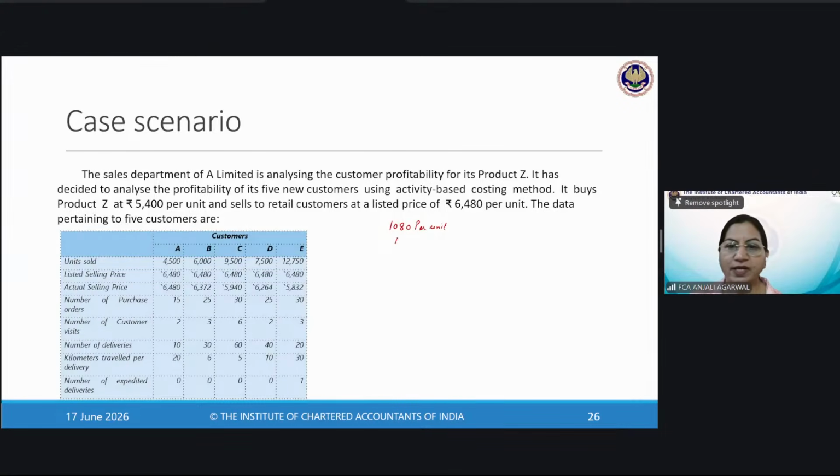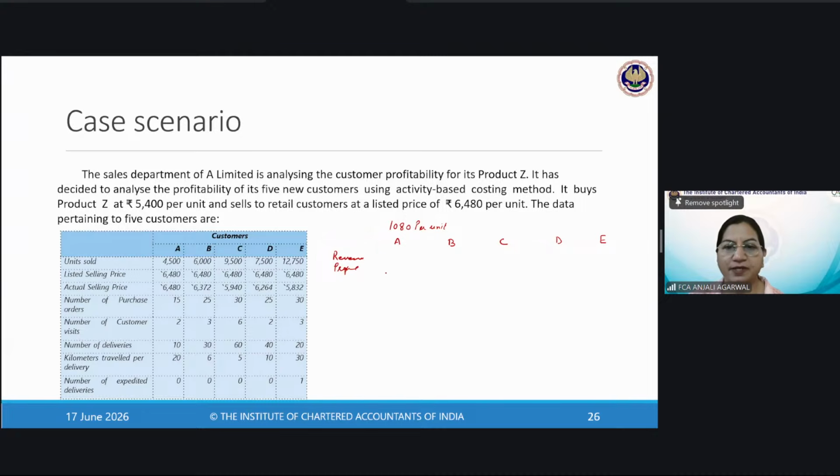So you will have A, B, C, D, and E. 4,500 into 6,480 would be the revenue, or you can directly take the profit. If you take the revenue, you'll have to subtract the cost of 5,400.